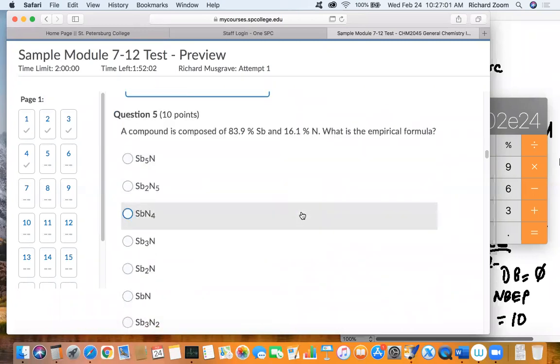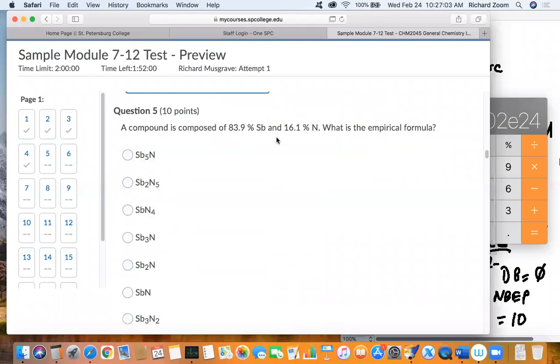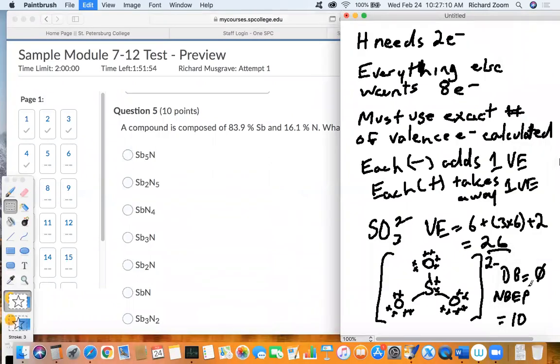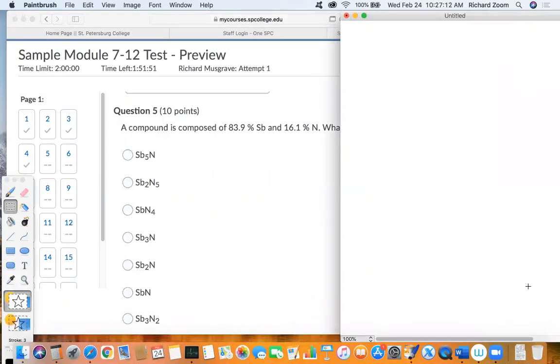Okay. The next kind of question is going to be an empirical formula problem based upon a percentage. When doing this, I don't think it's really possible to do it in your head. So you're really going to have to do some kind of table here to help you out.